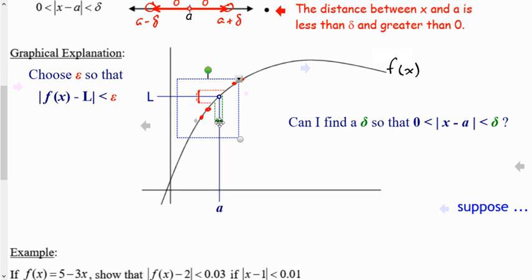Which says that the limit as x approaches a of our function, f of x, is equal to L. That's what this is saying. So here we have an example of, yep, the limit exists.